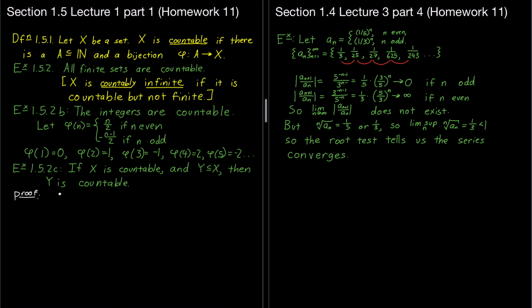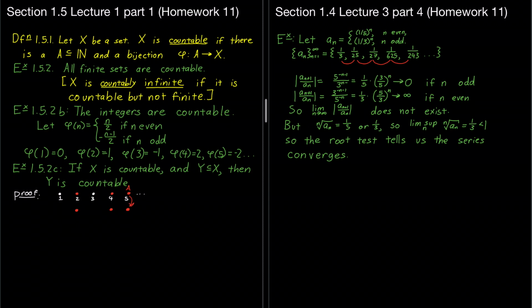So here are the natural numbers, 1, 2, and then here is our subset A. And then we've got our set X, and our function phi is mapping down.